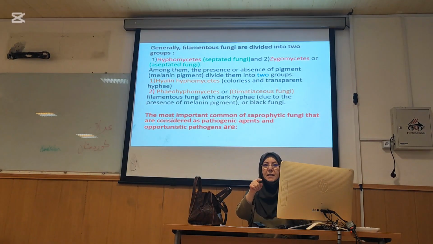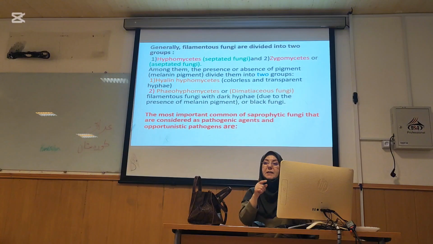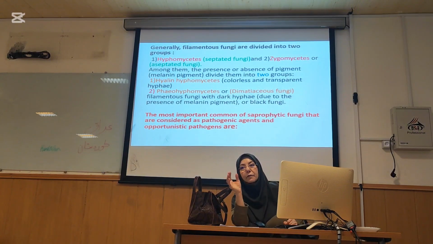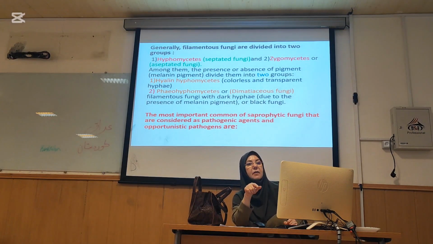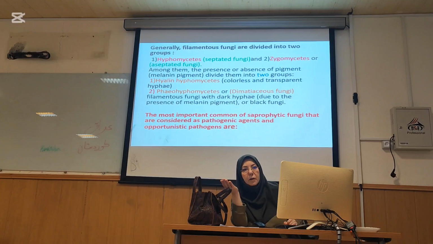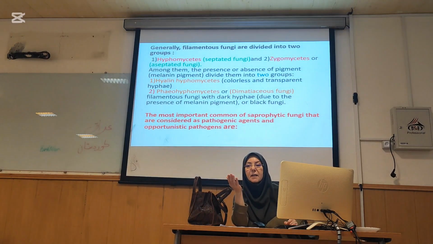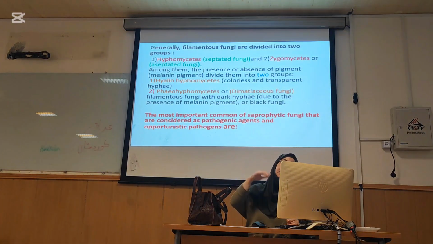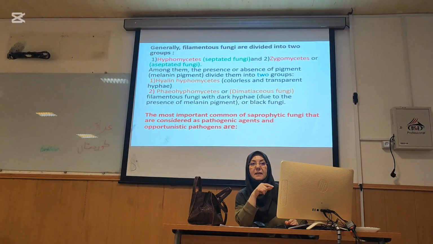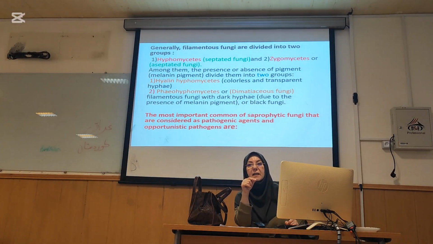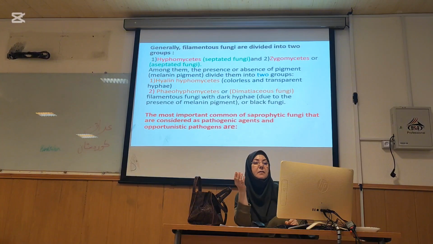Hyaline hyphomycetes and zygomycetes lack melanin in the cell wall. So under the microscope you see them without any color, or with staining by lactophenol cotton blue as blue color. But we have another group of mold that has a pigment in the cell wall named melanin.